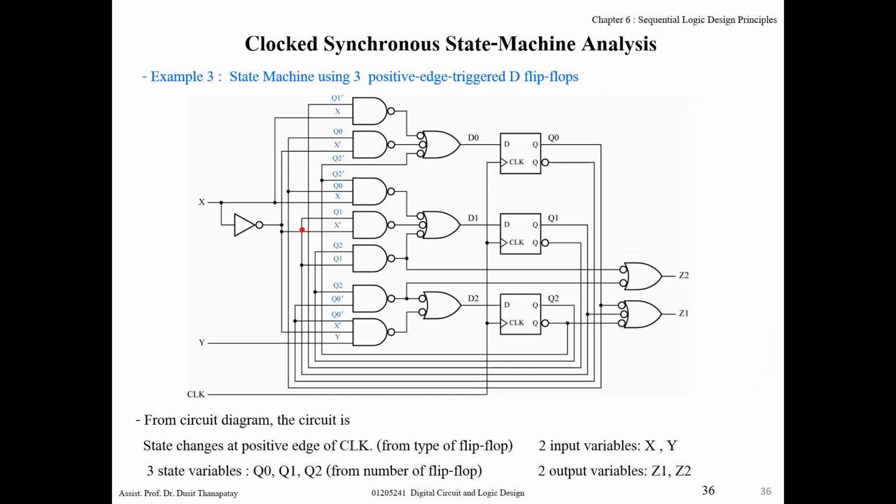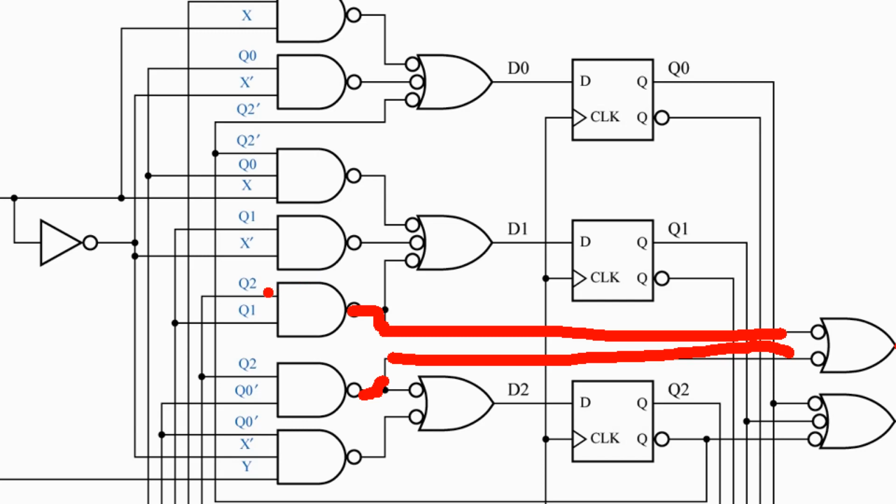And the circuit has 1 external input and 2 outputs. If you see each output, for example Z2, it is an OR between this and this, from Q2 and Q1, and this one, Q2 and Q0 prime.